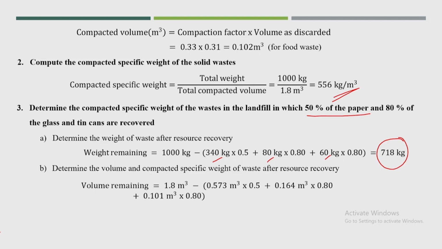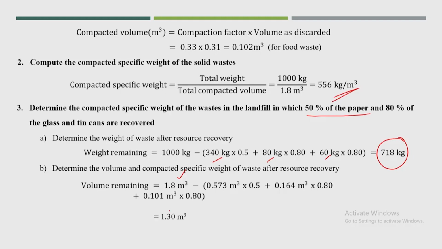Now we calculate the remaining volume. The total volume was 1.8 meter cube. We reduce the volume from the paper, glass and tin, and finally we got 1.3 meter cube. Now we can calculate the specific weight again for the remaining waste.